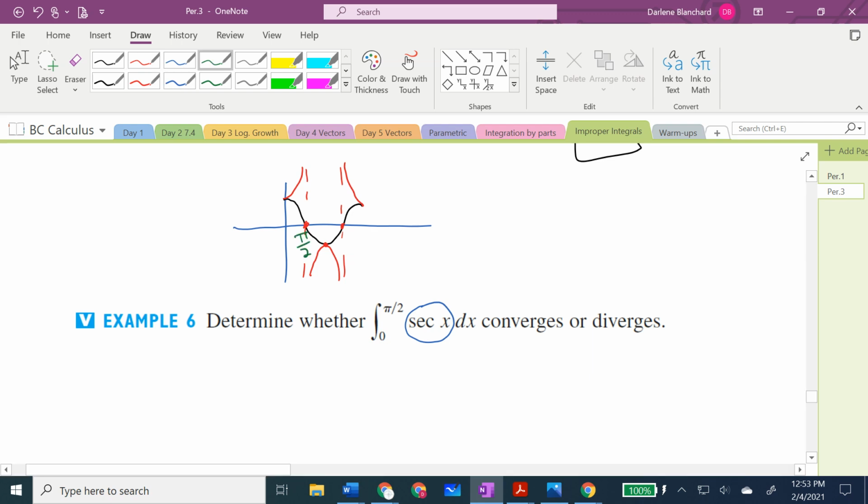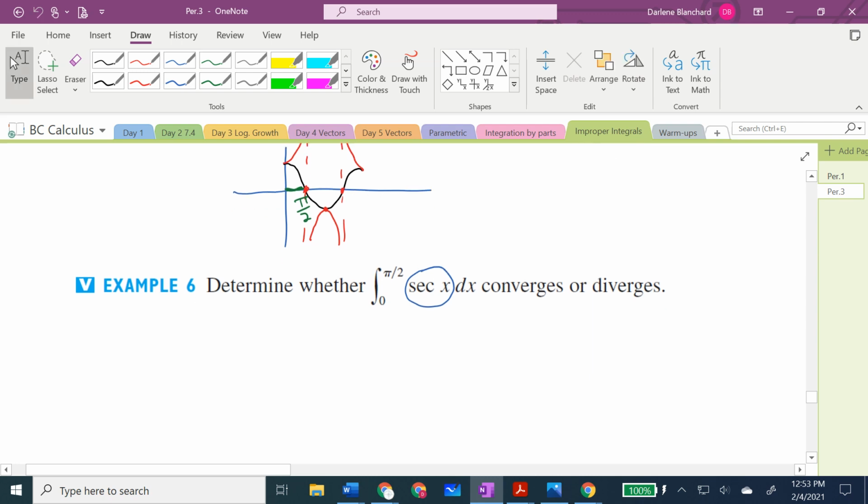So if I'm looking at the interval from 0 to pi over 2, I have an endpoint discontinuity. And I'm approaching pi over 2 from the left side.